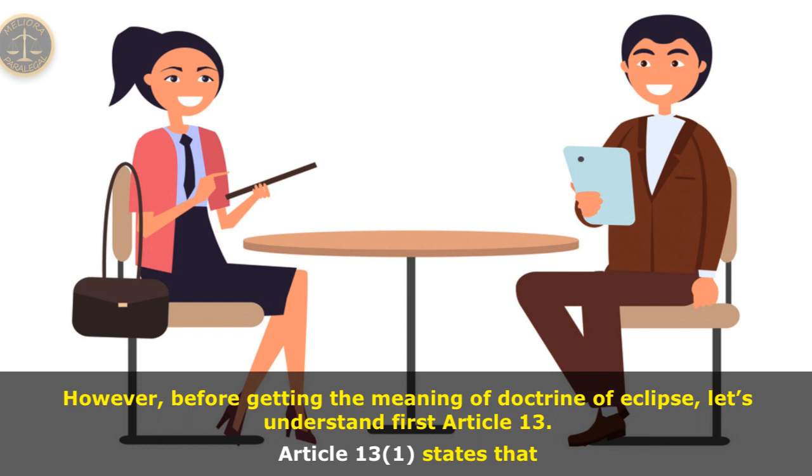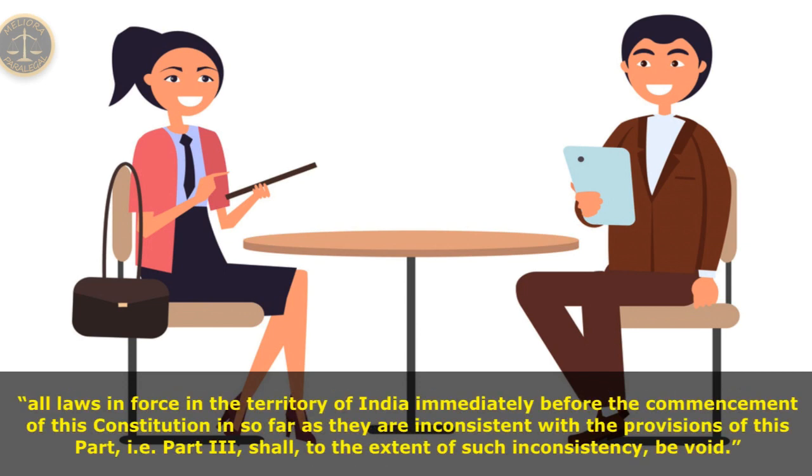However, before getting the meaning of Doctrine of Eclipse, let's understand Article 13 first. Article 13(1) states that all laws in force in the territory of India immediately before the commencement of this Constitution, insofar as they are inconsistent with the provisions of this part, that is Part 3, shall, to the extent of such inconsistency, be void.